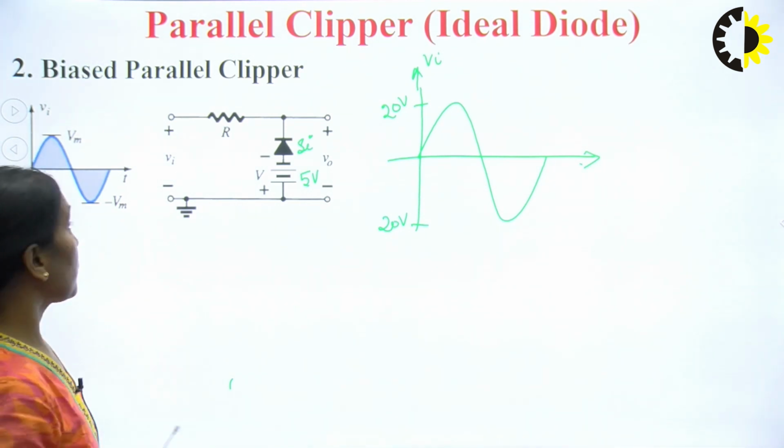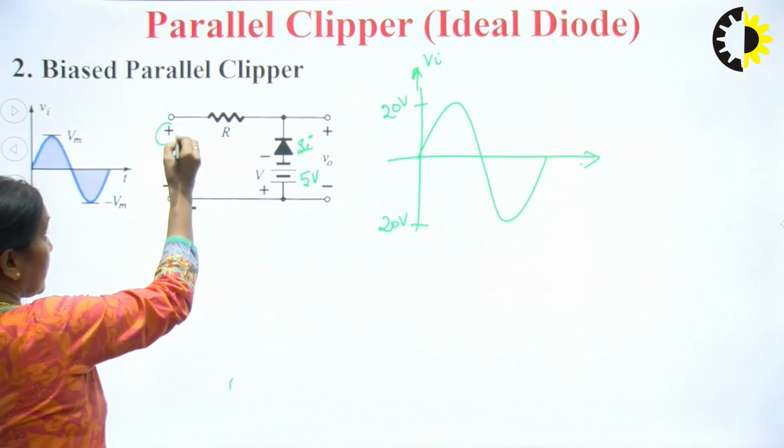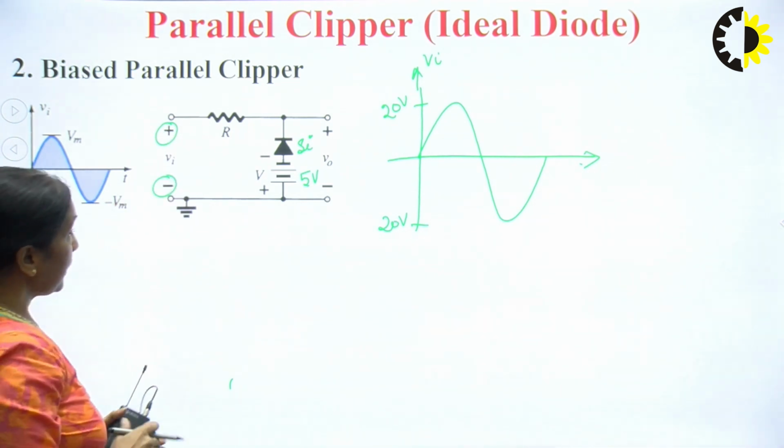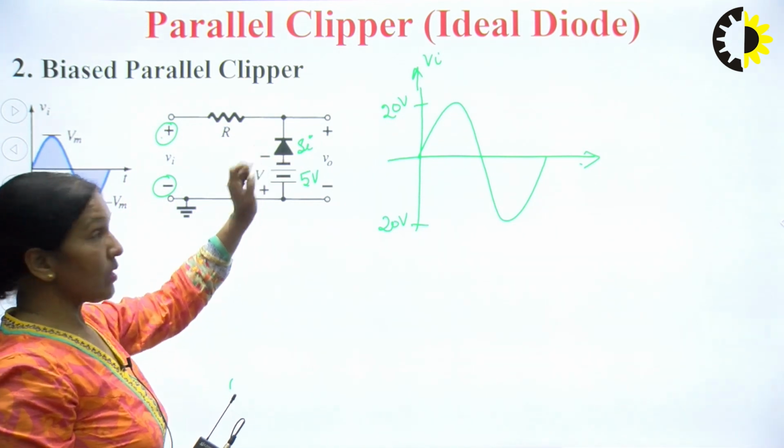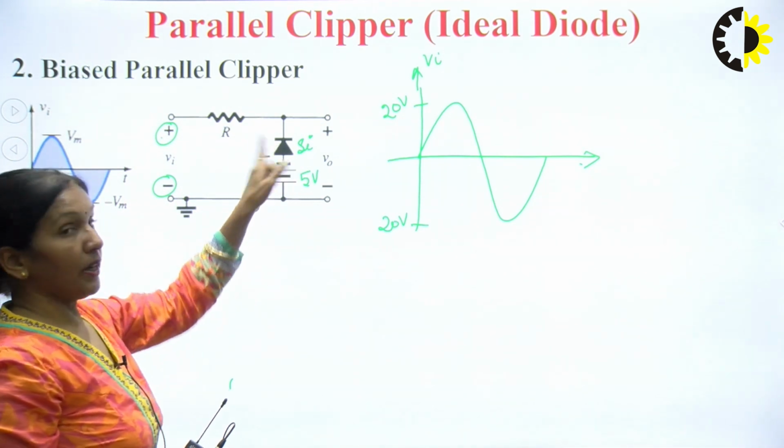Initially, during the positive half cycle, this is your positive and this is your negative terminal. So we can see this positive will make your diode reverse bias, also this negative will make your diode reverse bias.